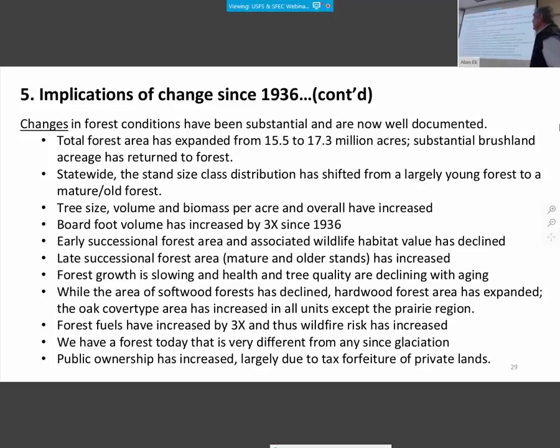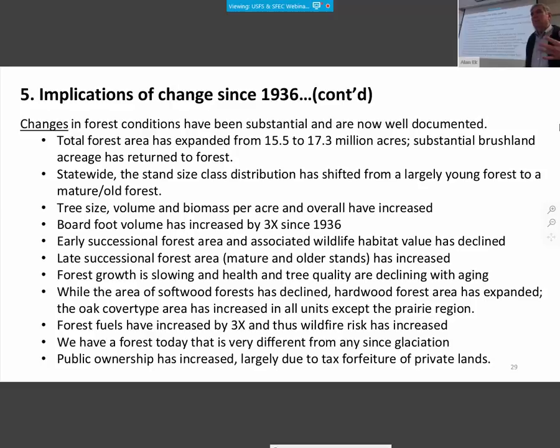Statewide, the stand size class distribution has shifted from a largely young forest to a largely older forest. Tree size, volume, and biomass per acre and overall have increased. Board foot volume is 3 times what it was in 1936. Early successional forest area and associated wildlife habitat have taken a major dive.